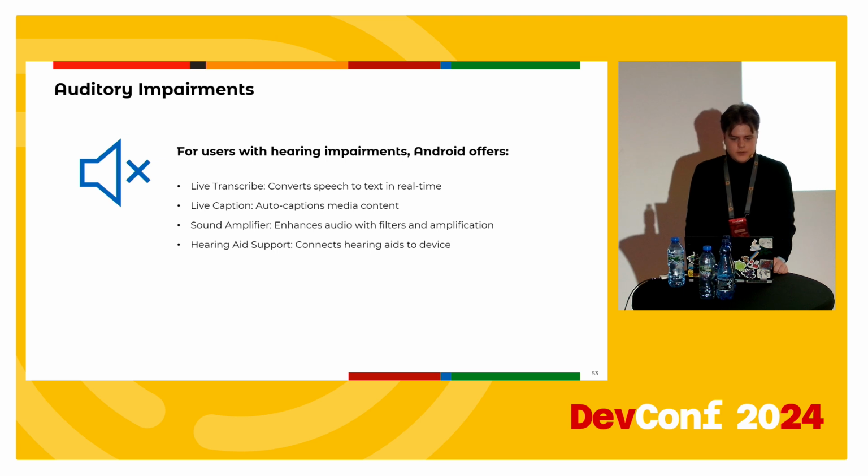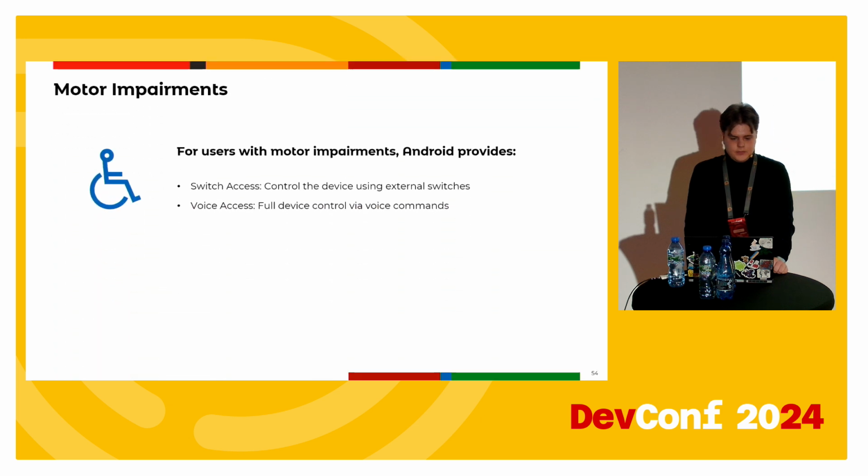For users with hearing impairments, Android offers Live Transcribe, Live Caption, Sound Amplifier, and hearing aid support. For users with motor impairments, Android provides Switch Access, which allows users to control the device using external switches, and Voice Access, which provides hands-free control over the device through voice commands.